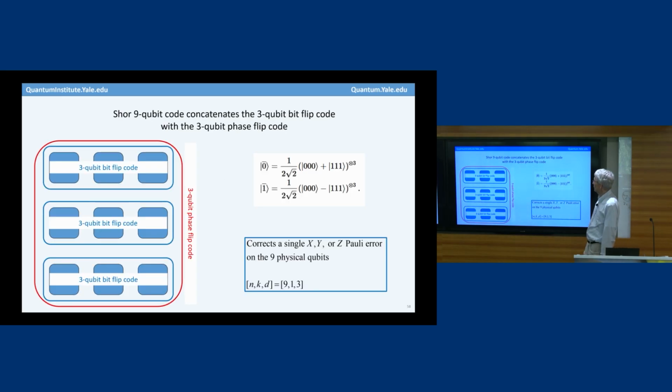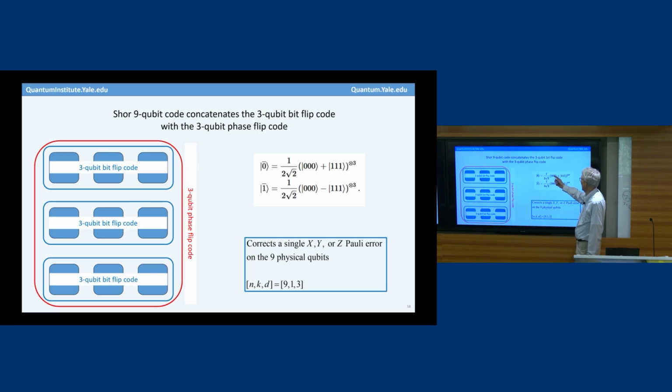And so now Peter Shor, who gave us error correction among other things, took this 3-qubit bit flip code and then made 3 copies of that as a phase flip code using a total of 9 qubits. And here's the logical states.